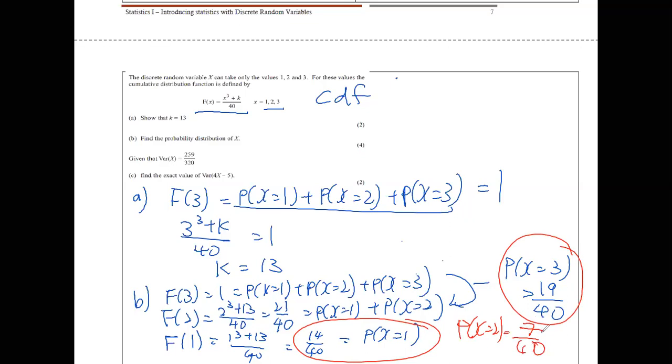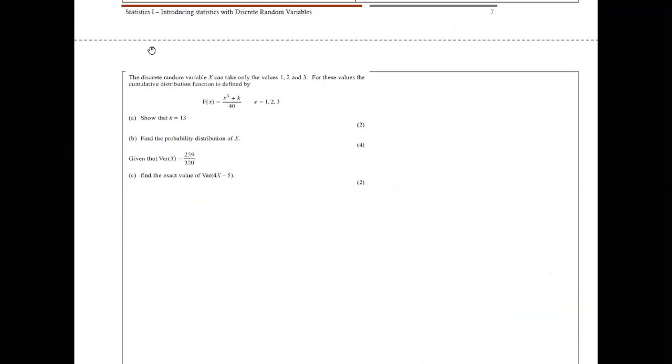That's it. You can put all this into a table and then present it. For this case, I'll not go through part C because it's the same thing. Okay? So this is how you work with the CDF. Okay, let's move on.